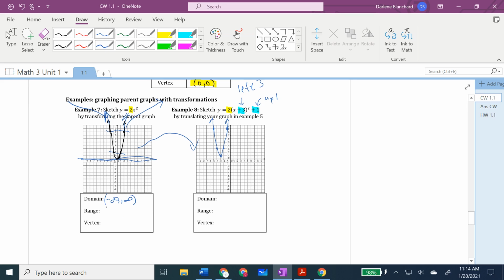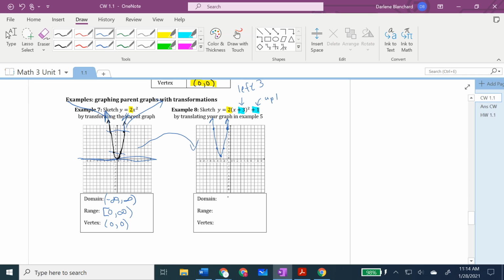The range, as long as I multiply by a positive number, not a negative number, it will remain 0 to infinity, including 0. And the vertex will not change with any multiplication by a positive or a negative number, because the y coordinate of the vertex is 0. Multiplying anything by 0 will not change 0.